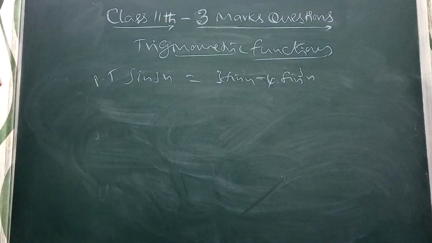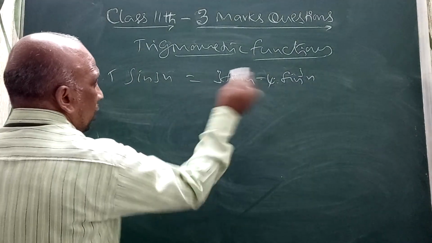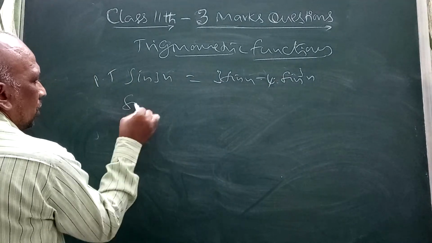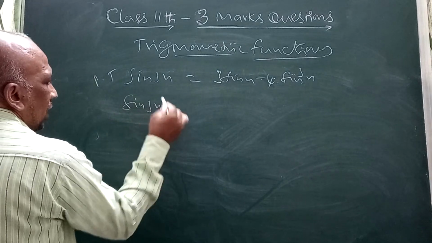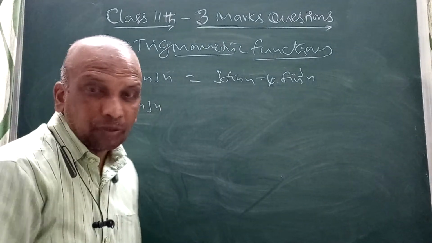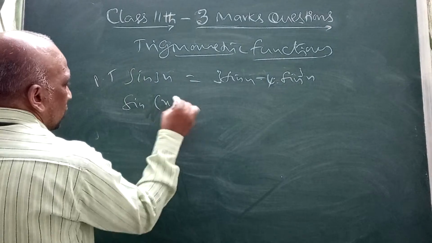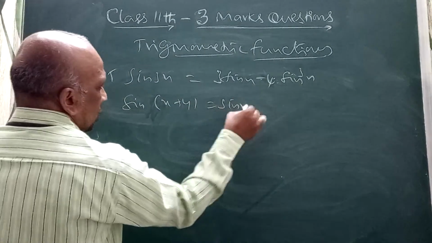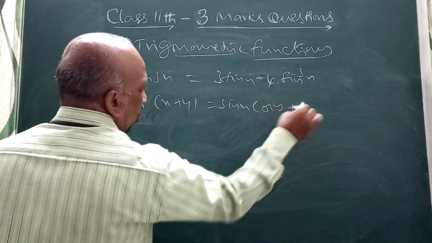When I'm talking about this, it is the sin 3x formula. You take sin 3x. Here I can use the sin of x plus y formula. Sin of x plus y is equal to sin x cos y plus cos x sin y.